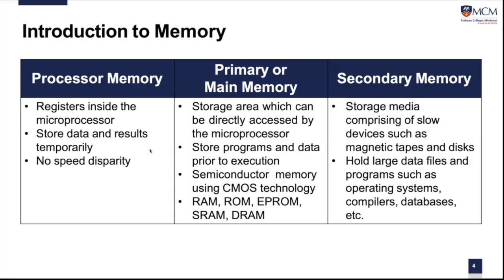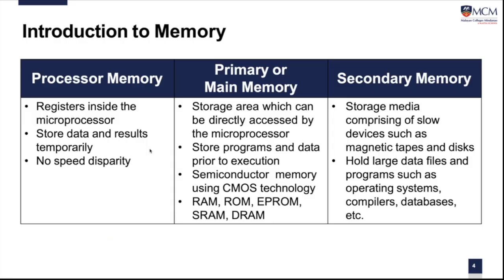It stores programs and data prior to execution. It is semiconductor memory using CMOS technology, and some of these we call the RAM, ROM, EEPROM, SRAM, DRAM. Secondary memory is storage media comprising slow devices such as magnetic tapes and disks.